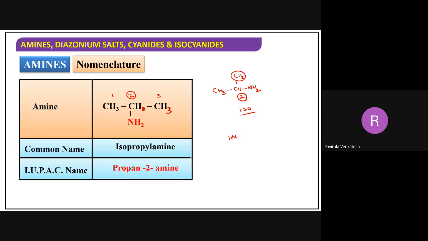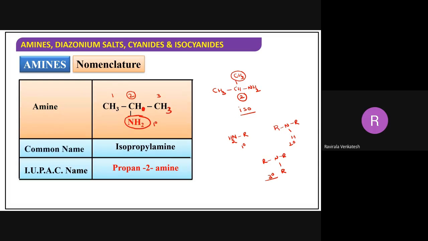Secondary. See, I told you just now. If you have 2 hydrogens and 1 alkyl group, it is primary. When you have 2 alkyl groups and 1 hydrogen, that is called secondary. And 3 alkyl groups, that is tertiary. So here, based on carbon, you can't say secondary. For amines, remember, you cannot look at carbon for primary, secondary, tertiary. You have to see the nitrogen. If nitrogen is bonded to 1 carbon, with 2 hydrogens, that is a primary amine.